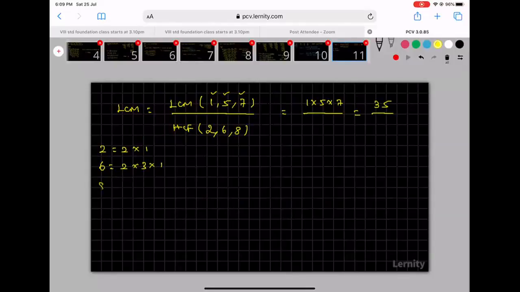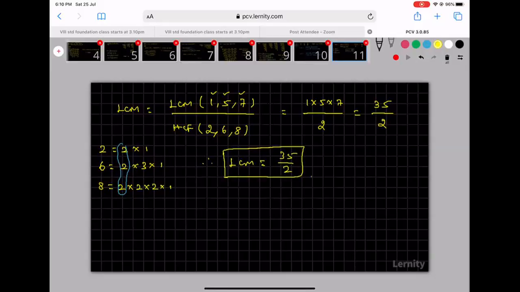Then 8 as 2 into 2 into 2 into 1. So what is my HCF? Only 2 is common, so 2 is the HCF. Therefore my LCM is equal to 35 divided by 2.